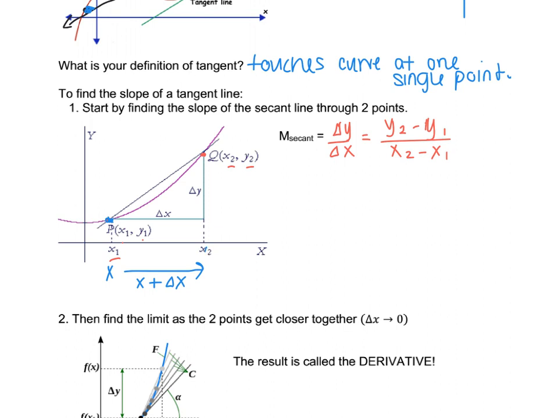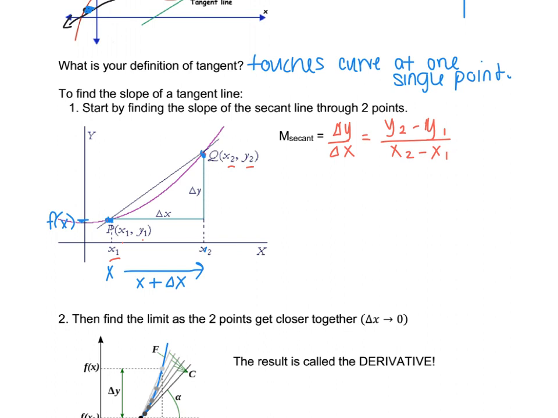So now I'm going to talk about these two coordinates in terms of x and f of x. If this is x, then its y value is f of x. That's just our fancy way of saying y in function notation. So I'm just going to put f of x right here.